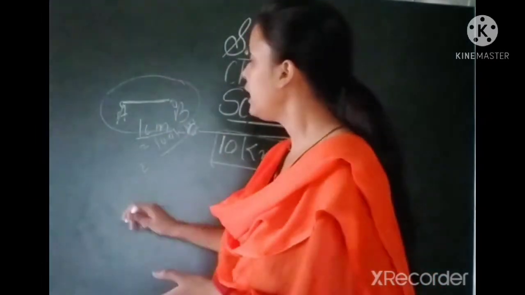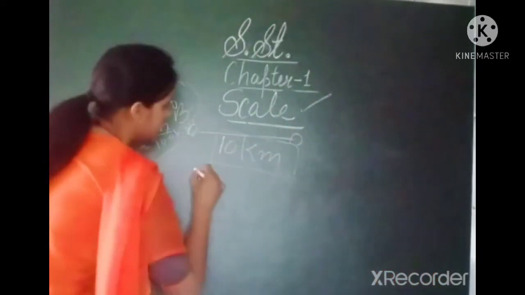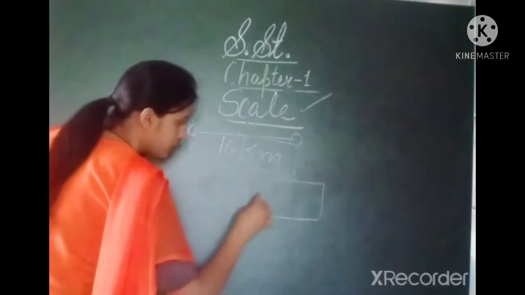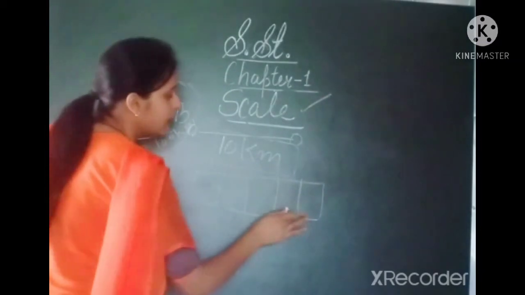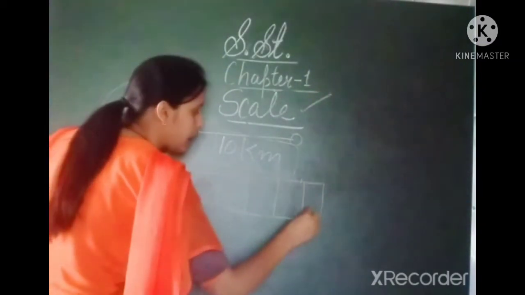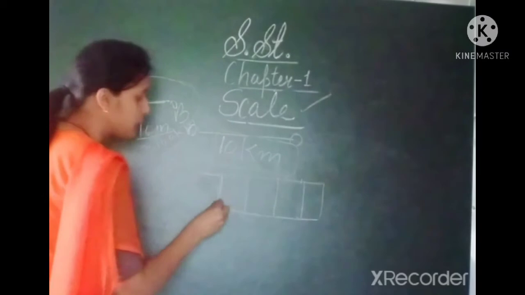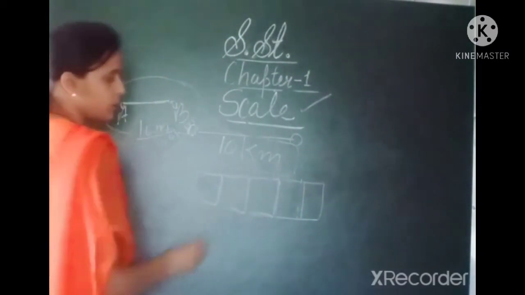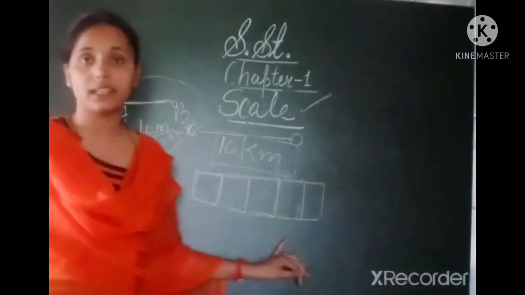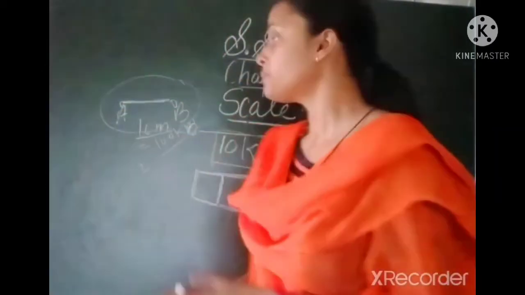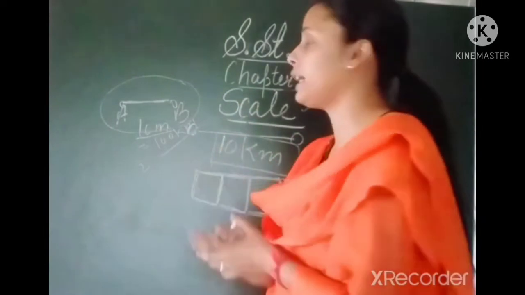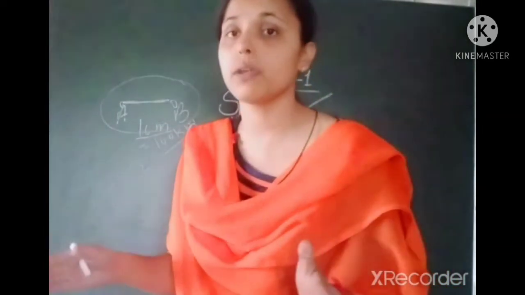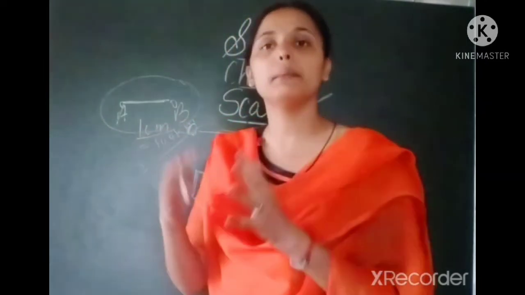And the scale, this way it is shown on the scale on the map, and the distance between each and every part is the same. It is equivalent in distance. So this is the term scale. In this way we can find out the distance between two places on a map.